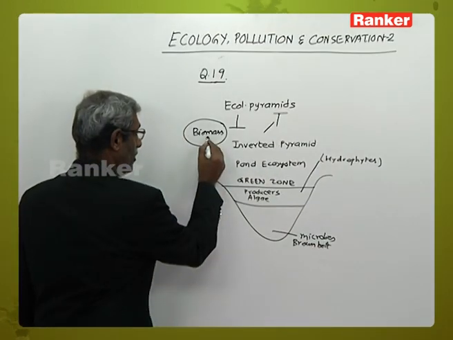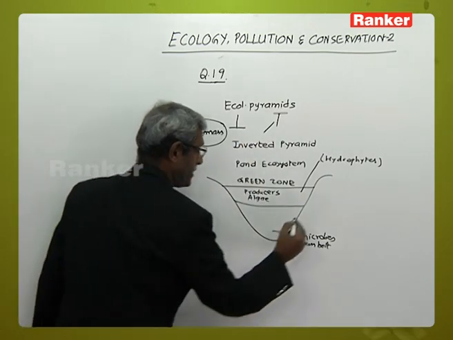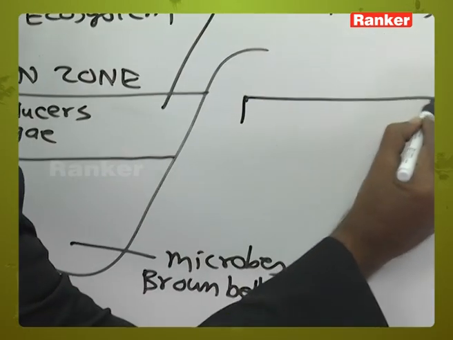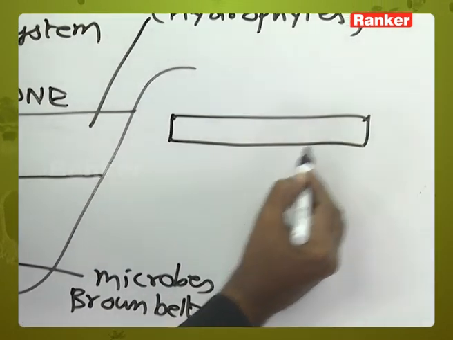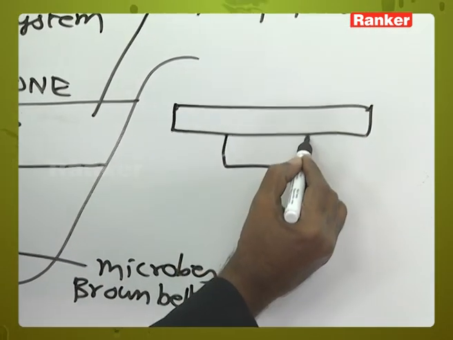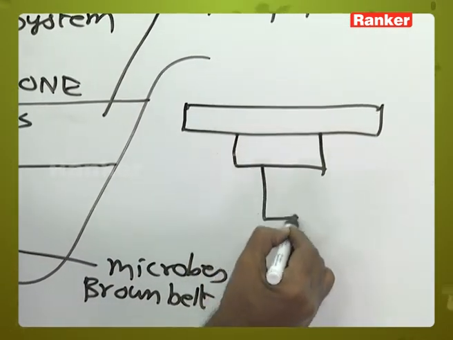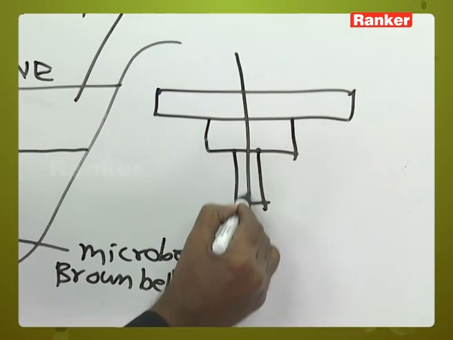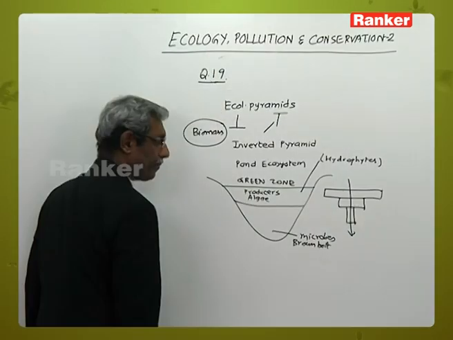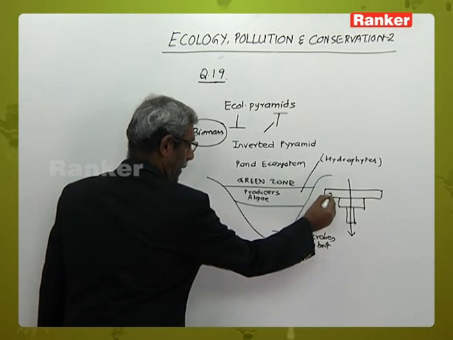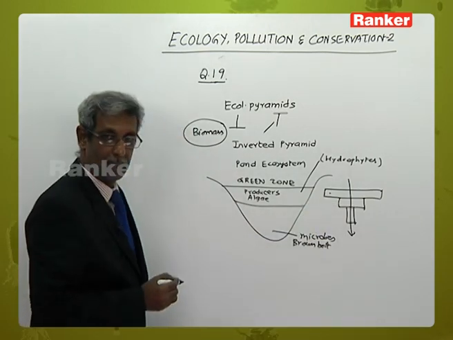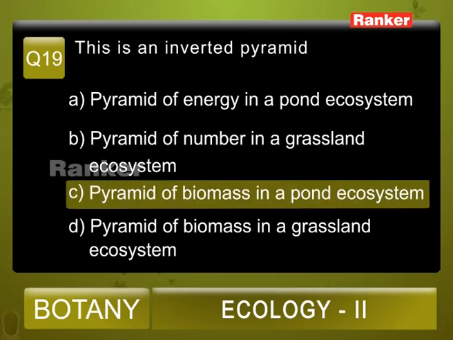Because the biomass is more, you represent it this way. This indicates producers. Next, we have the consumers. Then next, we have the decomposers. The pyramid is inverted. So, this is called an inverted pyramid of biomass, and the answer is C.